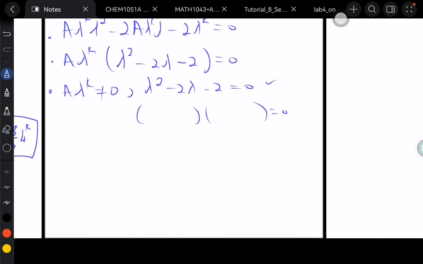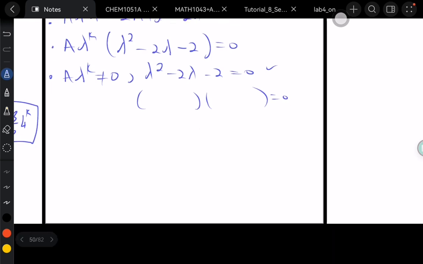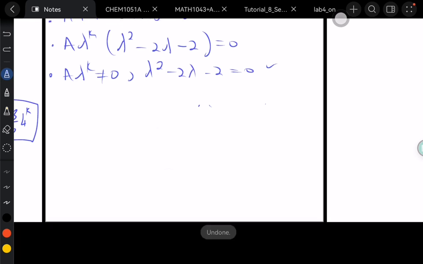In the quadratic equation, lambda is equal to minus b plus or minus the root of b squared minus 4ac, over 2a.